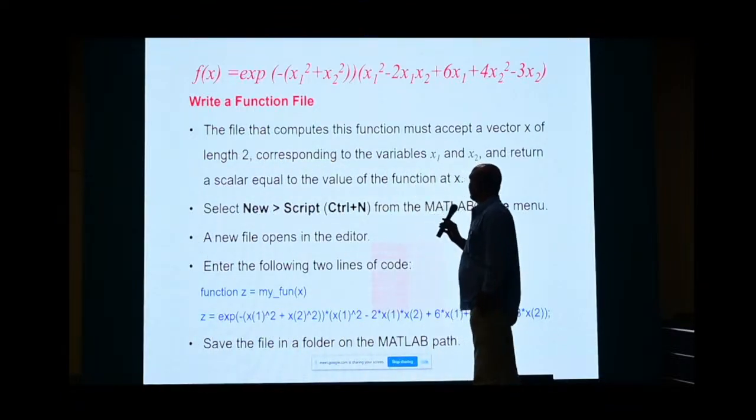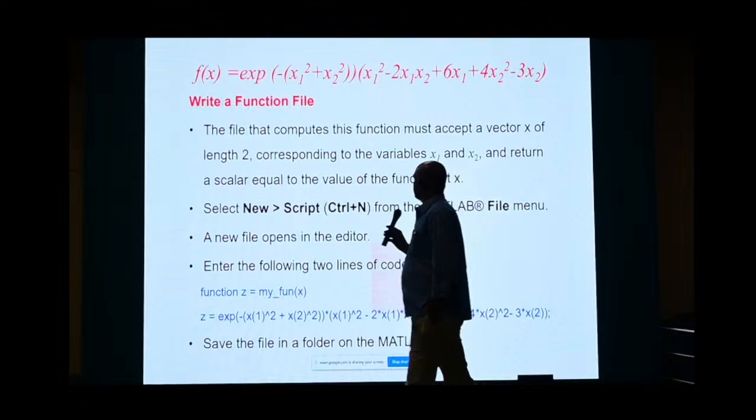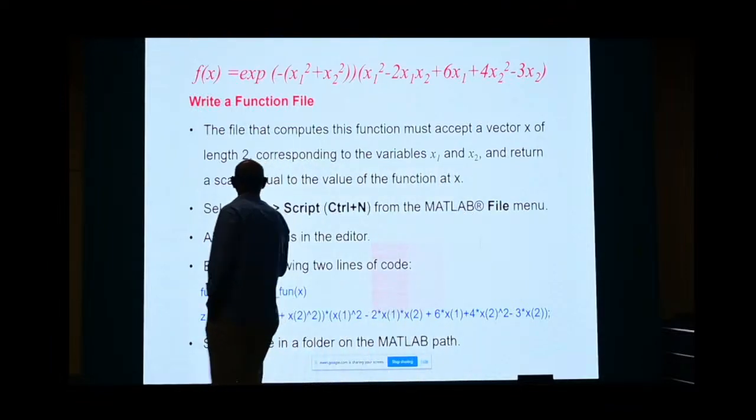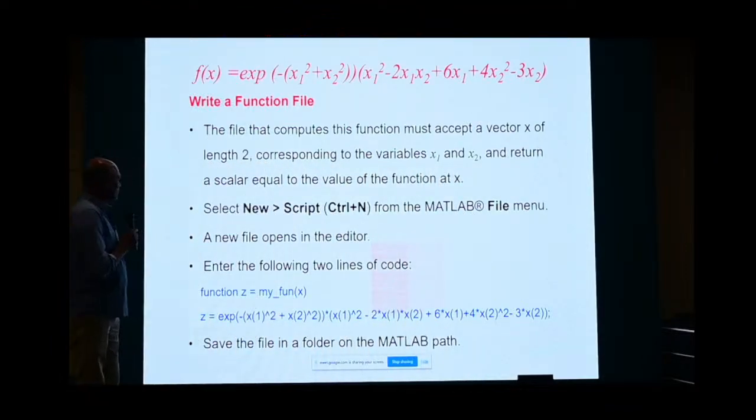You have to create a file that computes this function, and there are two variables here, x1 and x2. So select new script in the MATLAB file menu, then write these expressions and save this by giving some unique name, because in MATLAB there are some thousands of commands.